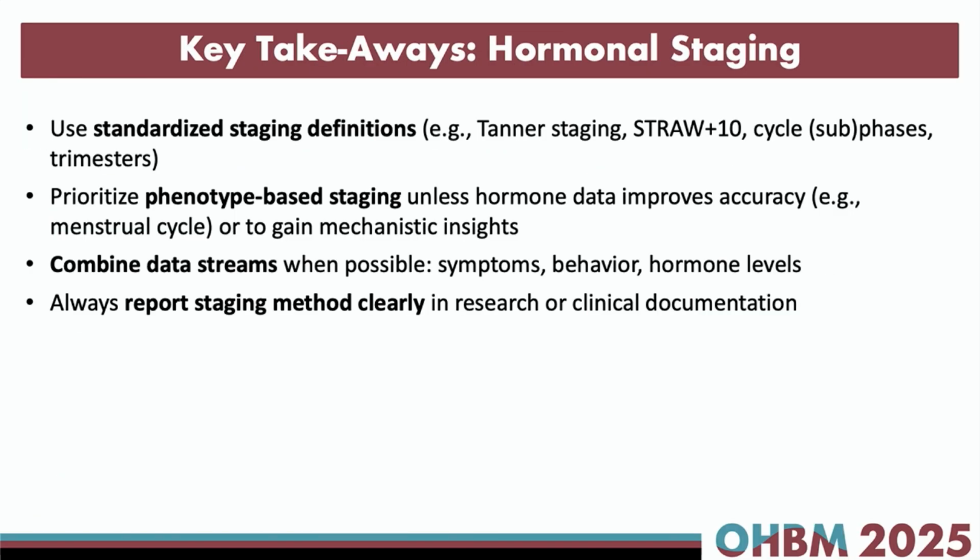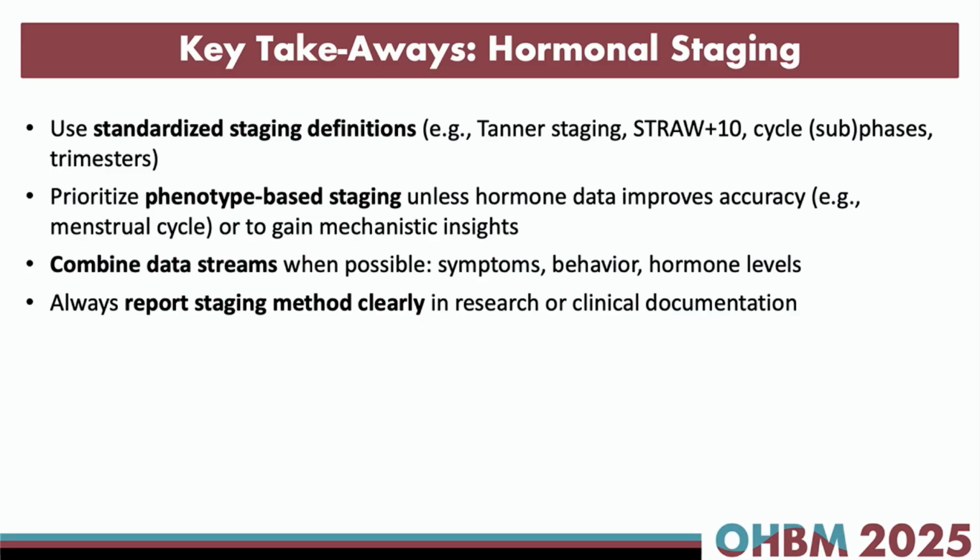Just the key takeaways for me, please use standardized staging definitions, so be it Tanner staging, STRAW+10, or cycle subphases, and prioritize phenotype-based staging, as it doesn't cost anything, and only use hormones if it actually improves data accuracy.